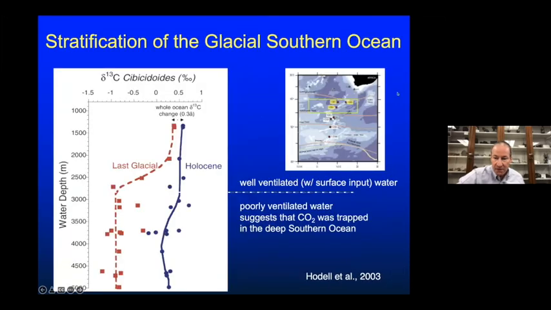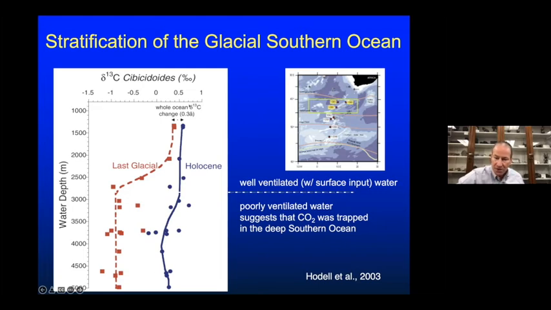Those carbon isotopes here, you see just the tip of South Africa. So this is evidence through the Southern Ocean in the interval of time that Mike described initially today, the late Holocene. You can see that the carbon isotopes near the surface are relatively high. And then in the deep ocean today, in the Southern Ocean, they're a little bit lower.